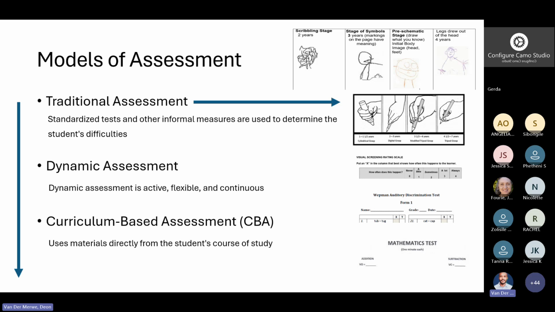And I want to just highlight 3 main models that are applicable to the exercise that you are called to do in the assignments given in this module. And that is the traditional assessment. With the traditional assessment, this is the most common model.